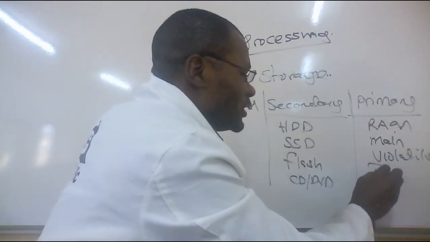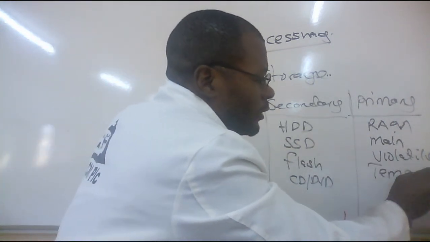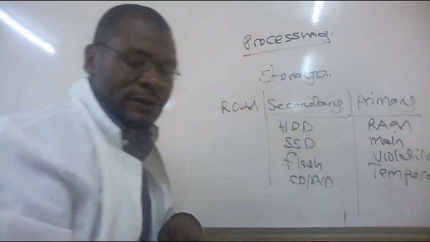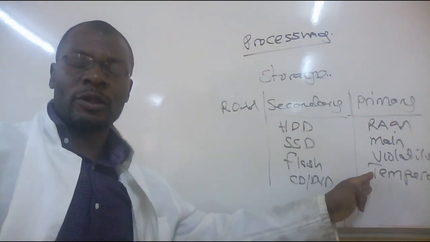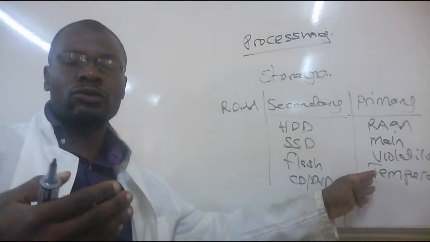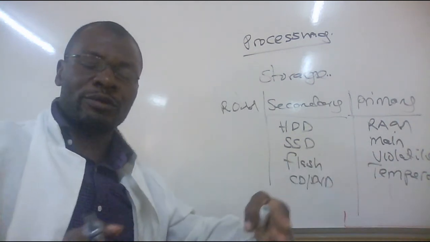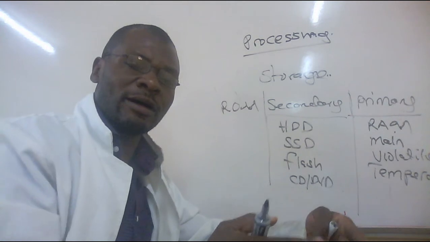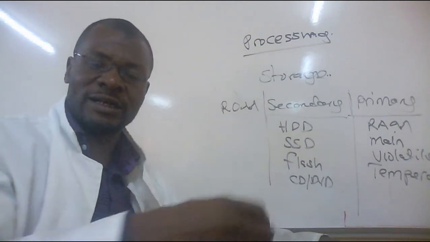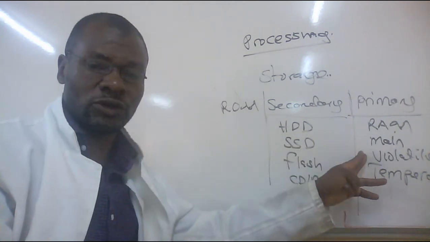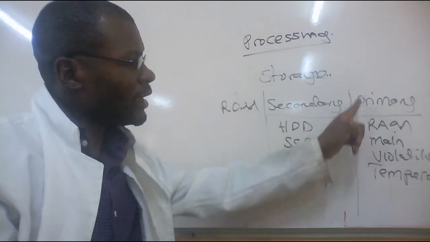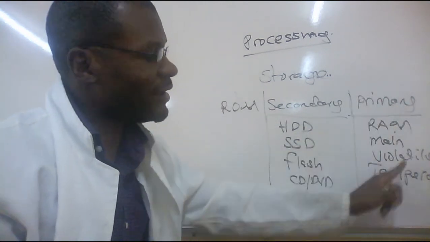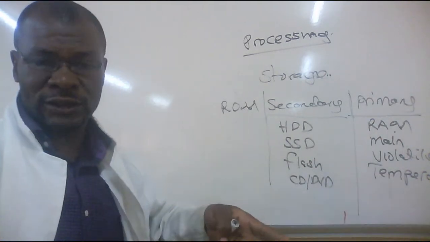We also call it the temporal memory. This is the type of memory which is able to store the programs when the programs are currently running. As the program is running on a computer, it is stored in RAM. And RAM or primary memory can be interchanged with these other names without conflict.